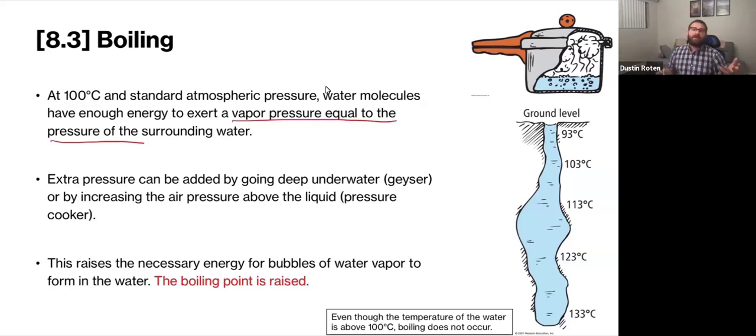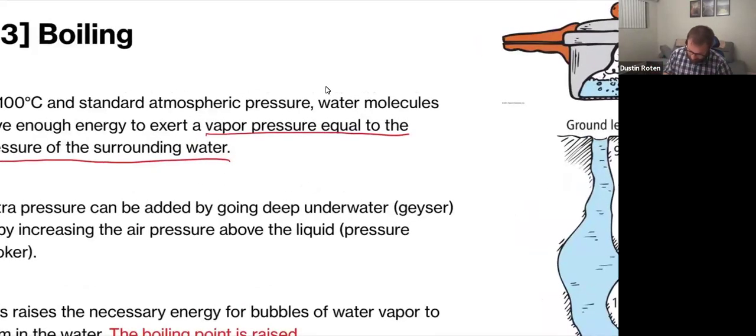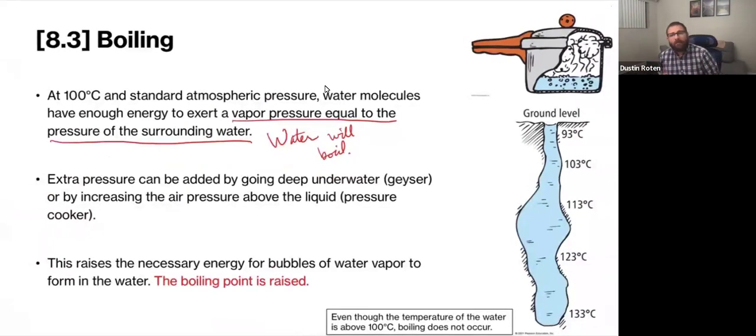And basically, all this means is that at 100 degrees Celsius and an everyday atmospheric pressure, water will boil in those conditions. Yeah, and we know that. That's no secret. But what's interesting is you can actually change the boiling point.